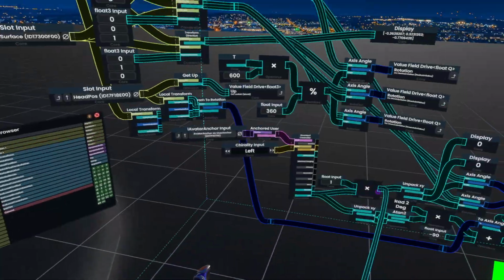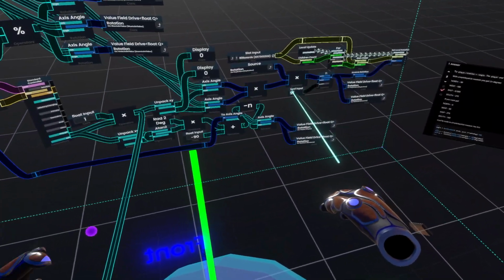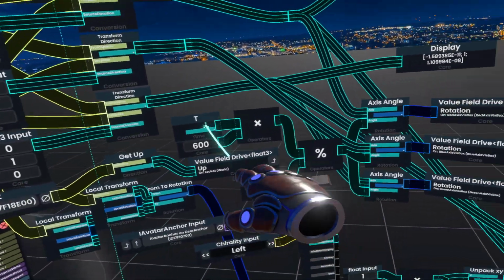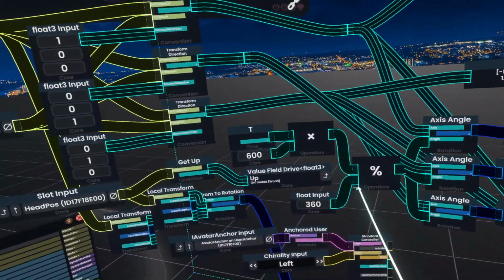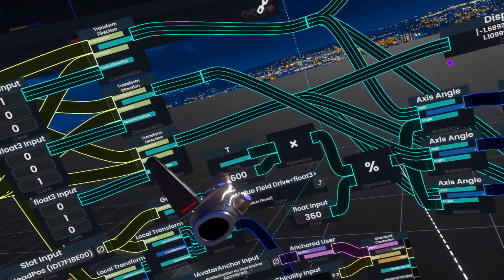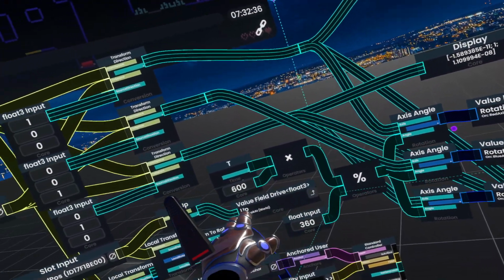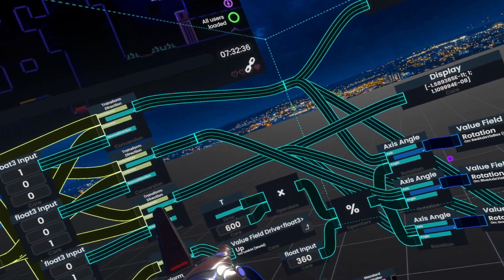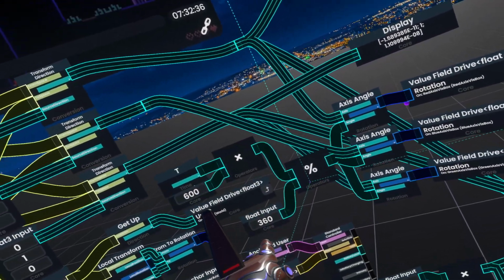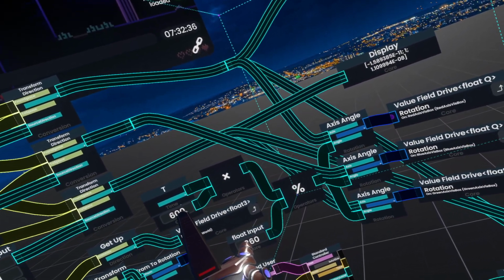But okay, those cubes that are orbiting the axes there, those are driven by this section here. So we take the time in between each tick, multiply that by 600, and then we modulus.